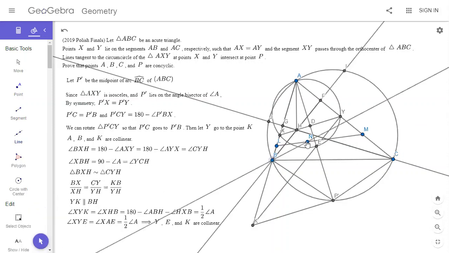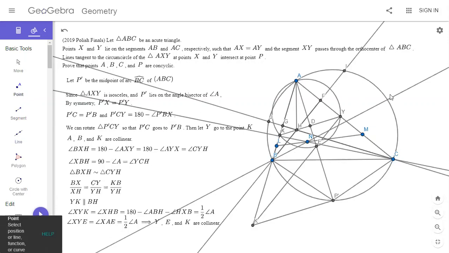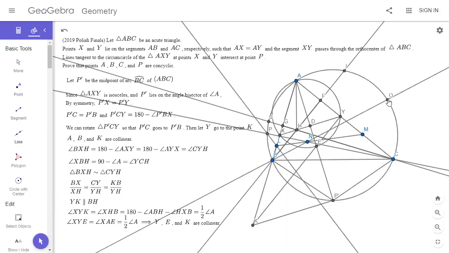If I did something like this, and then that, and then I let it meet at 2 points, then OM and PL, would those meet on the circle? Yeah, that's Pascal.